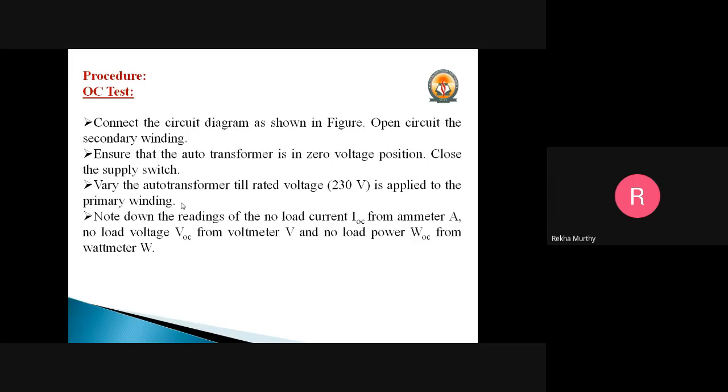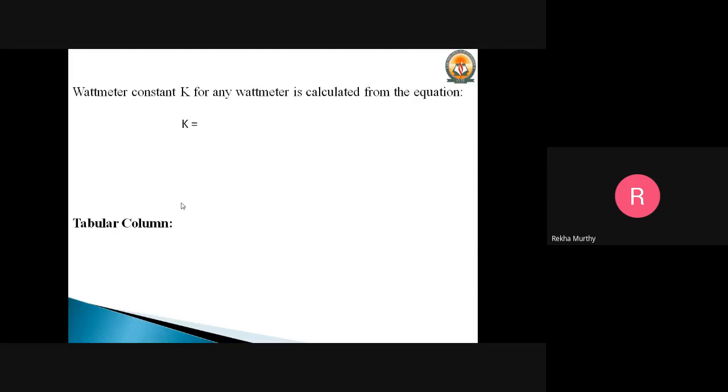Then after getting all these readings, before you take the wattmeter reading, we should remember the K constant. The K constant is nothing but V into I into cos phi divided by the full scale reading.